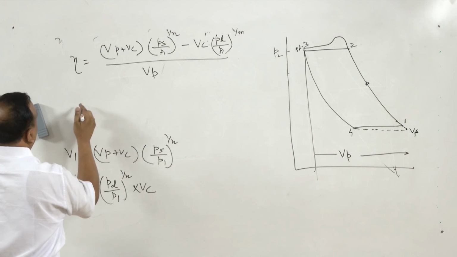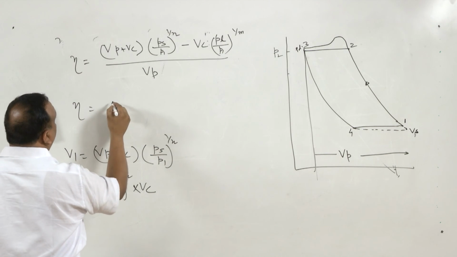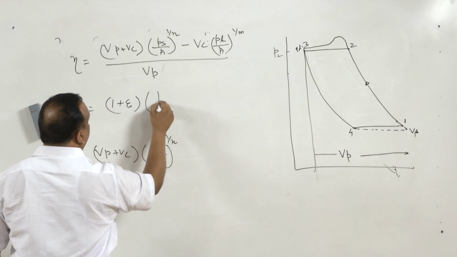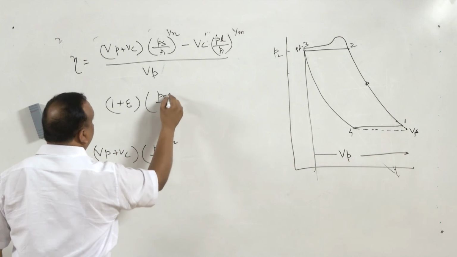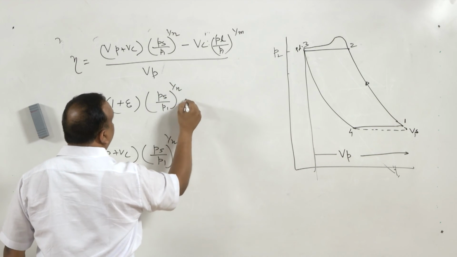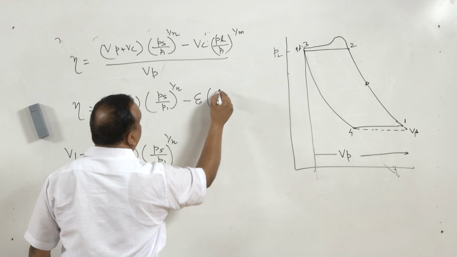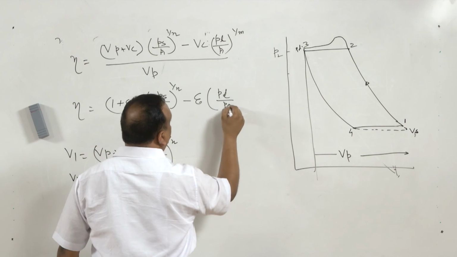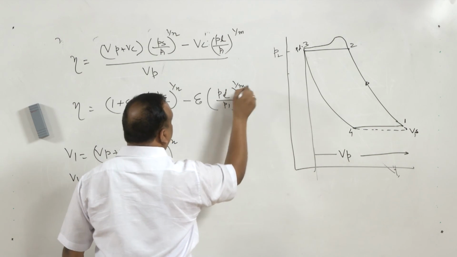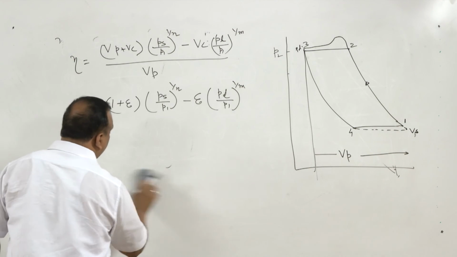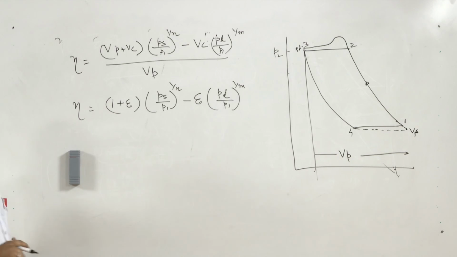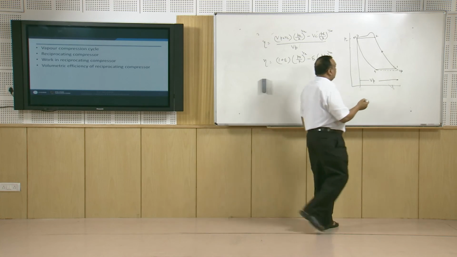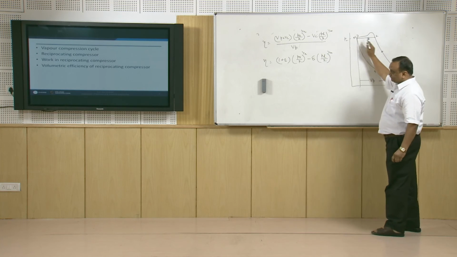So the volumetric efficiency is going to be 1 plus epsilon, Ps by P1 raised to power 1 by n, minus epsilon, Pd by P1 raised to power 1 by m. So this is the expression for the actual volumetric efficiency of a reciprocating compressor when we are taking into account the pressure drop across the walls.